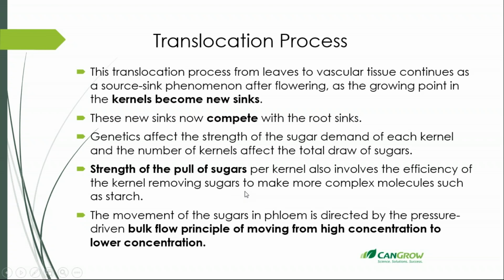It's not the source. So the strength of the pool of the sugars per kernel also involves the efficiency of the kernel in removing sugars to make more complex molecules such as starch. So we have that pool, and now we have to speed up that process, the efficiency of removing those sugars.